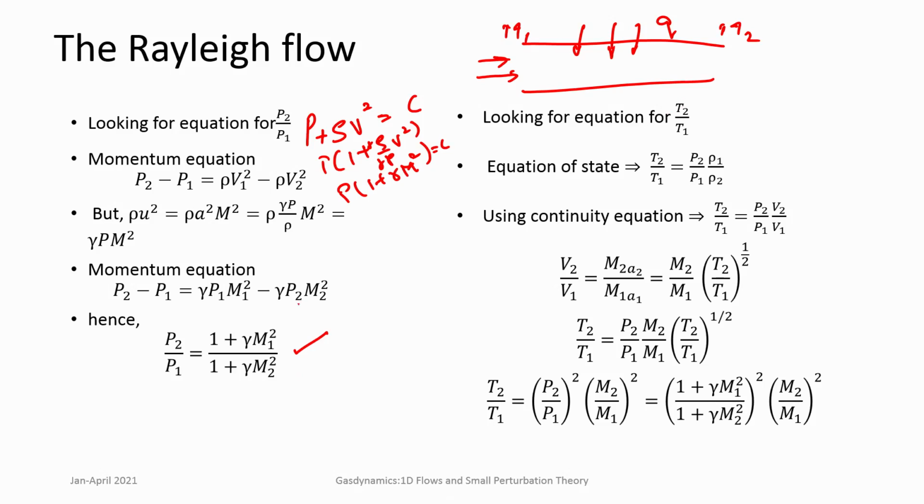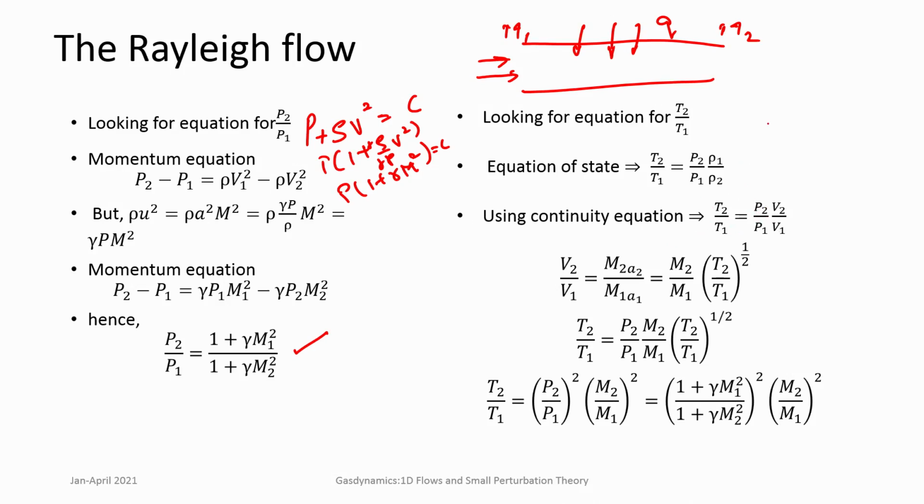Once P2 by P1 is got, we can look at T2 by T1, and for this we use the continuity equation and equation of state together.